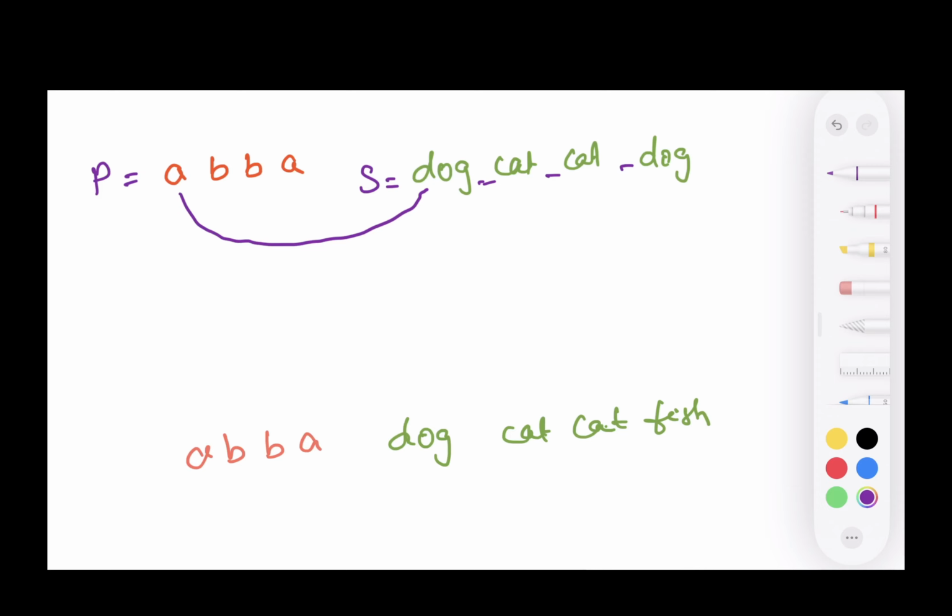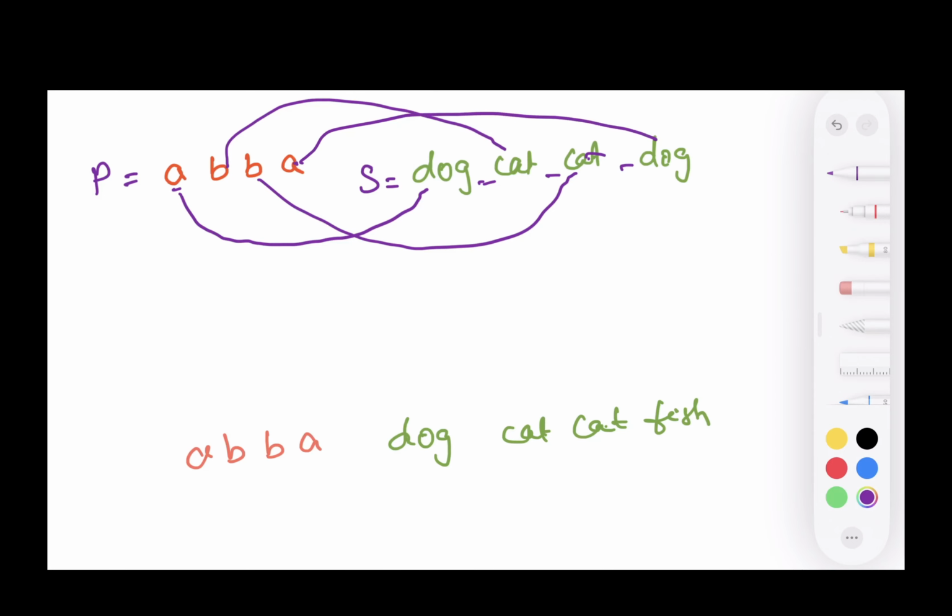And b is pointing to cat, and again b should be pointing to cat itself. And again a, we already have it, and it should be pointing to dog. In this case we need to return true.